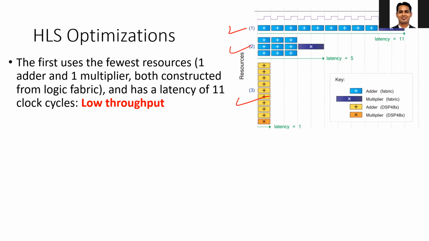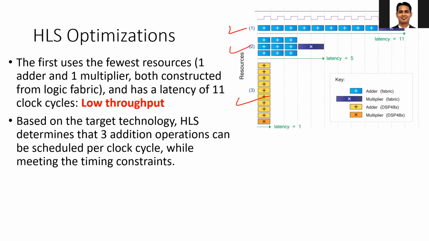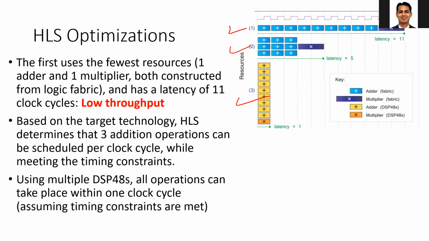The first one uses the fewest resources, like one adder and one multiplier, both constructed from the logic fabric, that is the FPGA lookup tables, and has a latency of 11 clock cycles. So it is a low throughput architecture. Based upon the target technology, HLS can determine that the 3 addition operations can be scheduled in a single clock cycle by using the logic fabric, which means it can reduce your latency to 5 compared to 11.